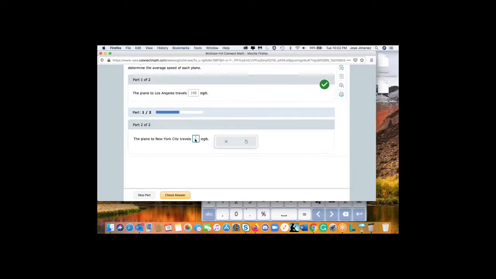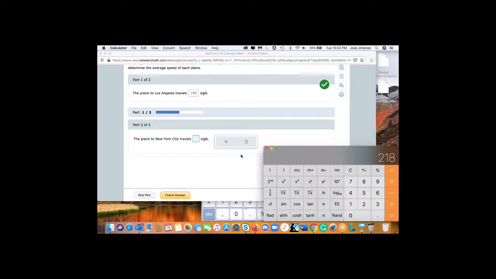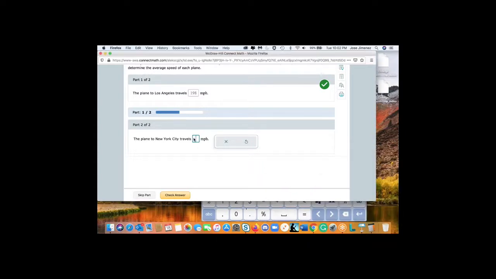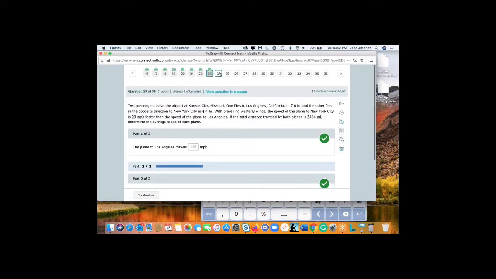Remember, the next one is 198 plus 20. We have 218. So that's 218 miles per hour. And this is the way you calculate that. Well, this is the easy way you calculate this problem.